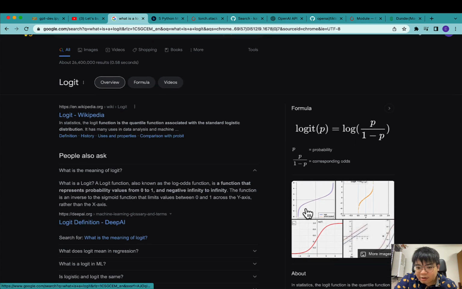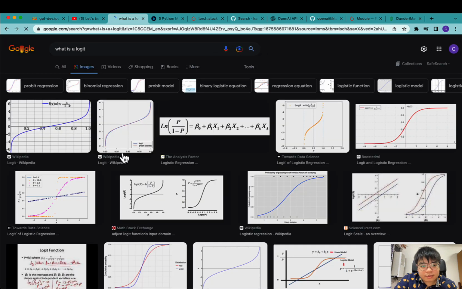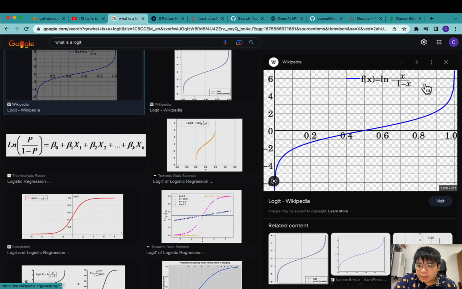Okay, so it has a graph like this. And it seems that if we pass in a very negative number, then if you pass in P, where P is a probability, I guess it goes from 0 to 1.